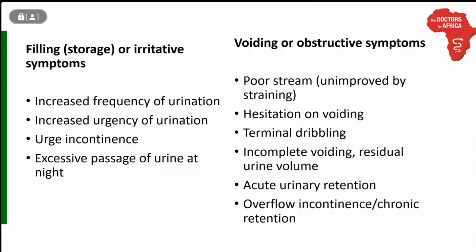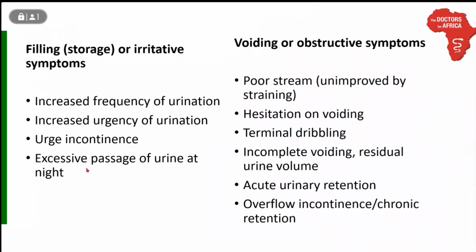Symptoms can be divided into filling symptoms and voiding or obstructive symptoms. You might have an increased frequency of urination. There might be an increased urge to urinate, so you have to run to the toilet. There might be urge incontinence, and there might be excessive passage of urine during the night.